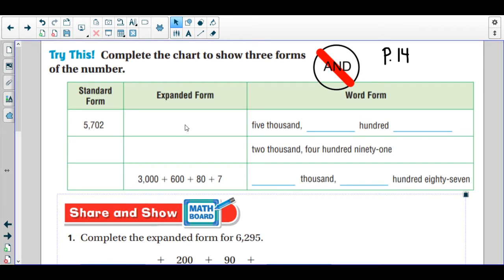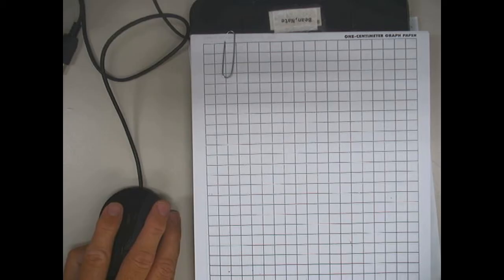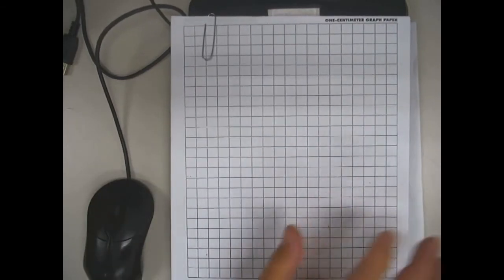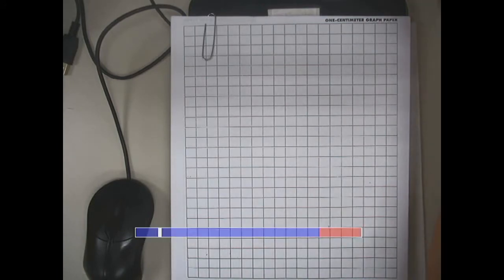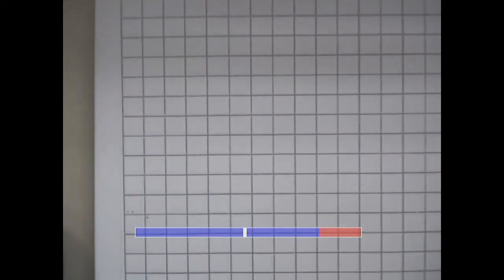And I actually want to show you something that might help some of you. In your packet of items that was sent home was a page that looked like this. And I want to give you a small hint here on how to do the expanded form.